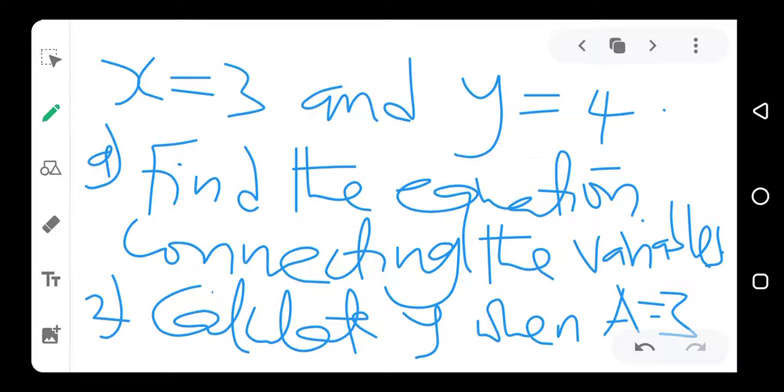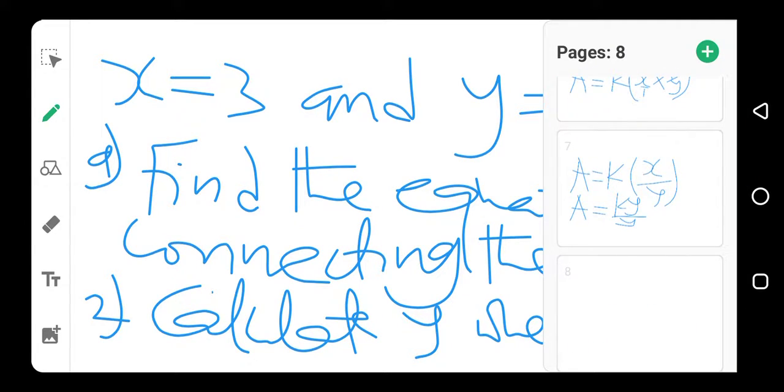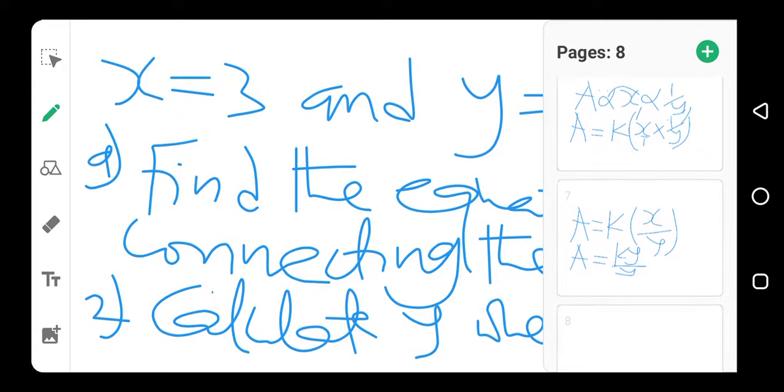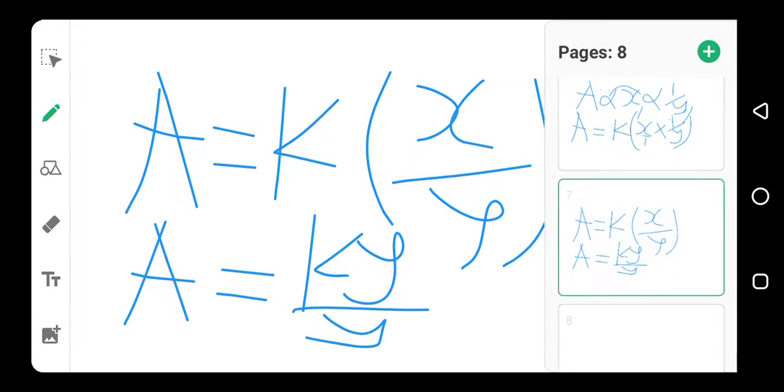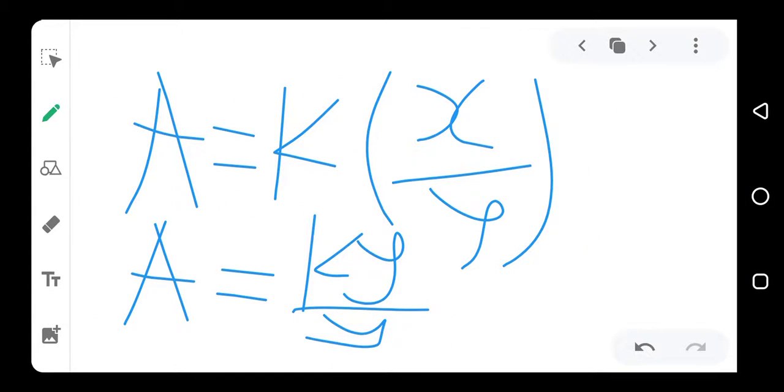For us to get the equation connecting the variables, we have to know the value of k, so that this place that we have a is equal to kx over y.